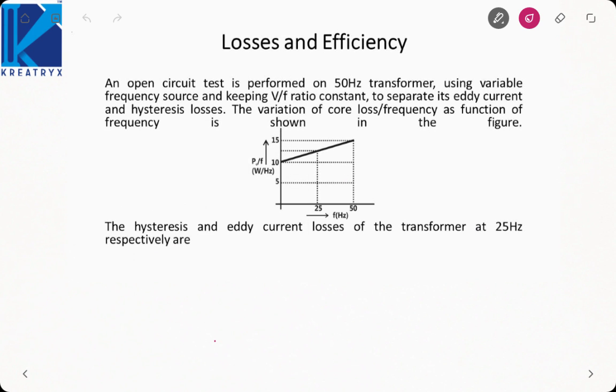Similarly, what I suggested can be applied to the next set of problems. I told you, if V by F is constant, hysteresis loss is proportional to frequency and eddy current loss to frequency square.